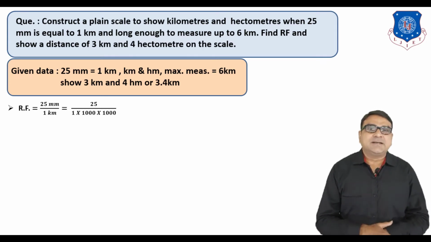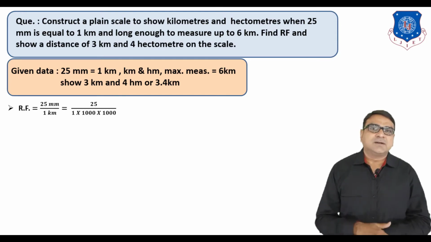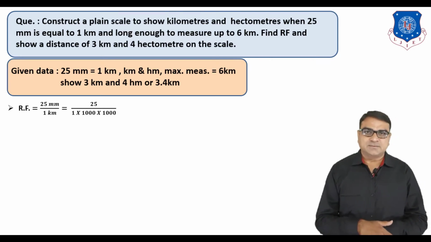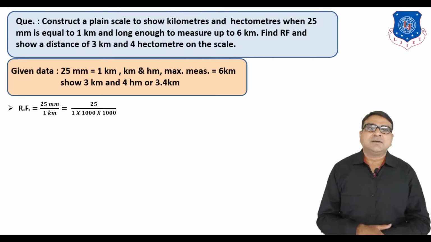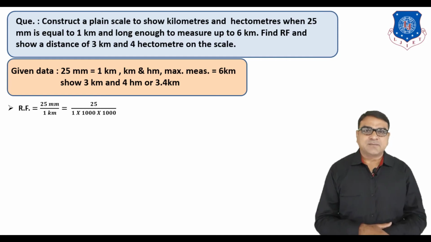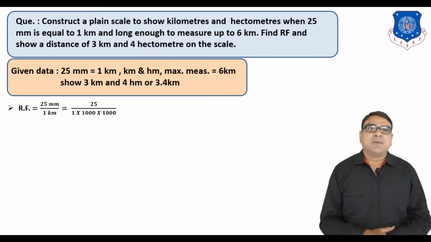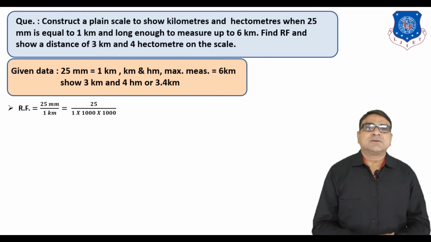But we know that the representative fraction is unitless. So we have to convert the unit kilometer into millimeter, by multiplying 1 by 1000 and again by 1000 to convert into millimeter. So finally our representative fraction is 25 by 1000 multiplied by 1000.